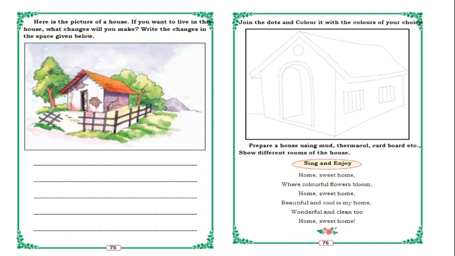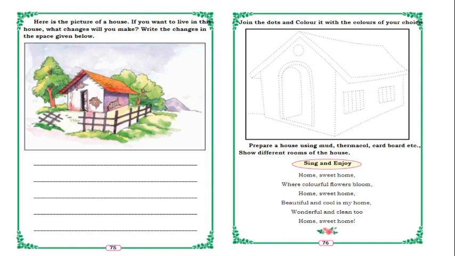For example, see the outside compound wall, it is broken, so you can change it, isn't it? Like this, whatever changes you make, you can write in the blank space.